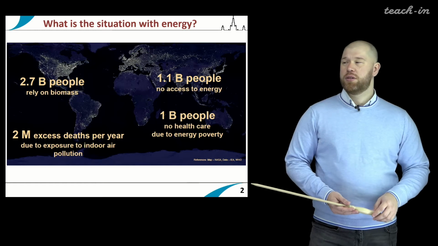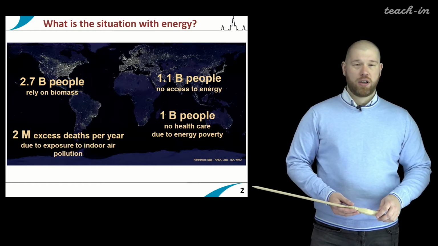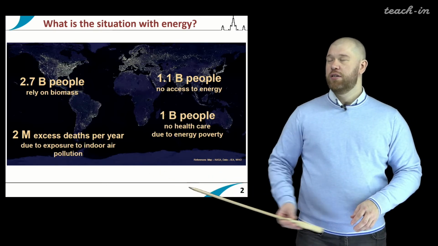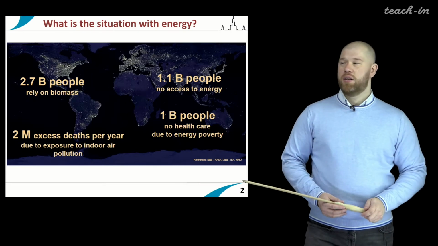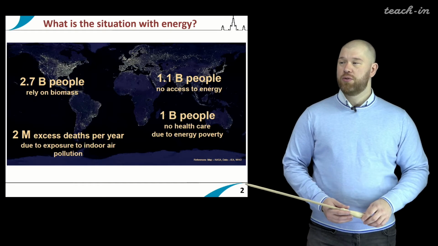These compounds are increasing the death rate in countries, and the estimation is that there are around 2 million excess deaths per year due to this contamination of the air.